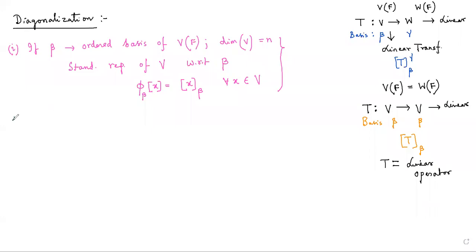And one extra piece of information that we need for today's discussion, which I didn't define in my previous class, is a new definition.